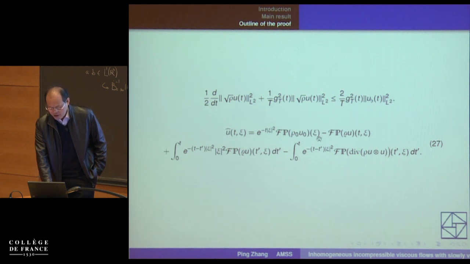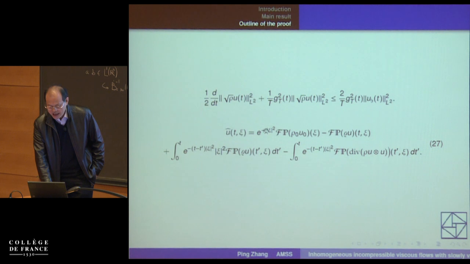In the Fourier variable, we can write it as this. Here P denotes the Leray projection operator. In this formulation, the pressure term does not appear. And here, let's denote rho tilde equals rho minus 1. Because in the L infinity norm rho minus 1 is small, this term can be absorbed by the left-hand side.